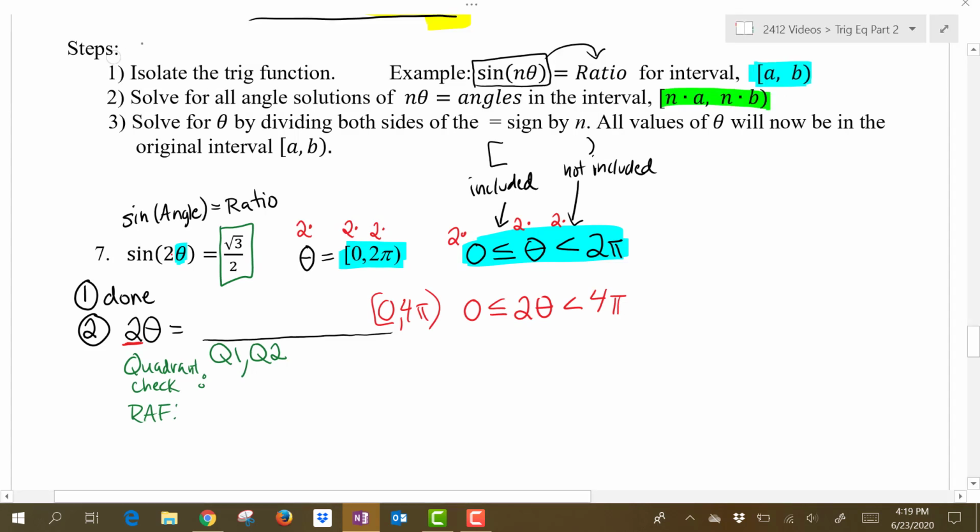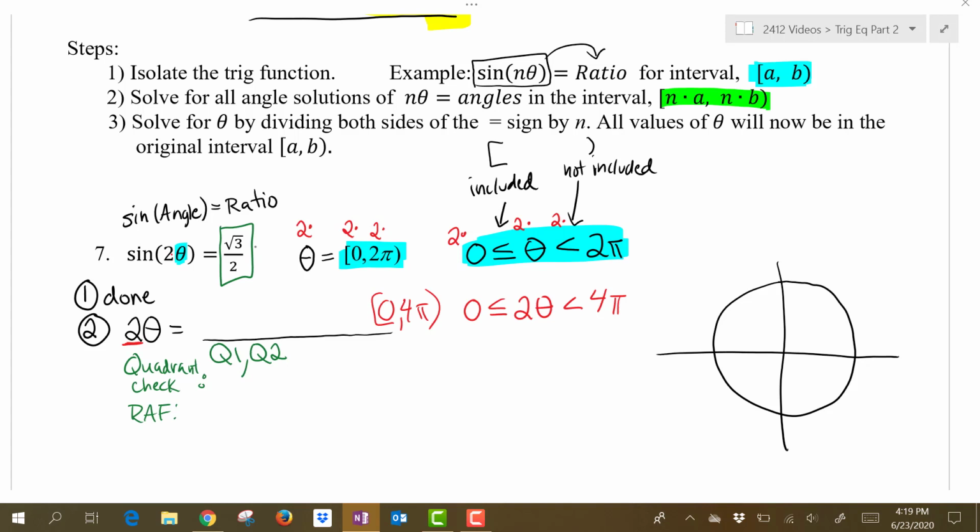So think back to your unit circle. We want to think about what points are going to have a second coordinate of the square root of 3 over 2. Is that the pi over 3 family, the pi over 4 family, or the pi over 6 family, or is that one of the quadrantal angles?